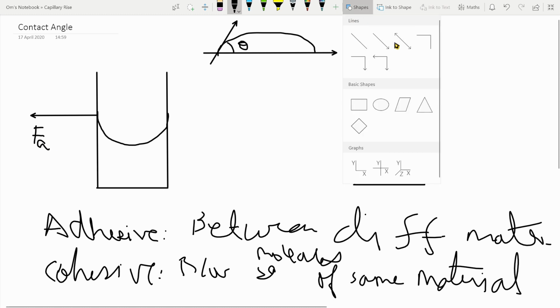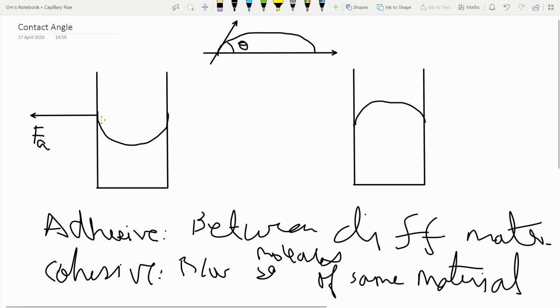At this very point, the cohesive force will be the surface tension of the liquid, which always tries to minimize the surface area, so it points along the tangent to the surface, somewhat over here. That is the cohesive force.